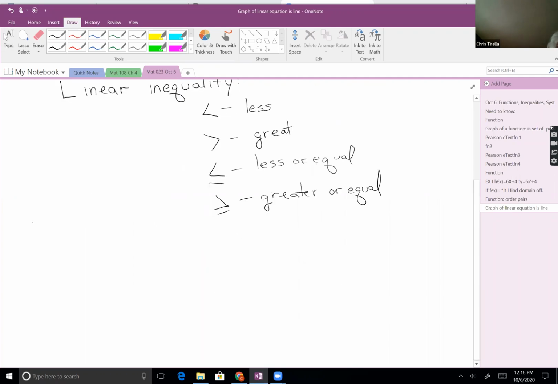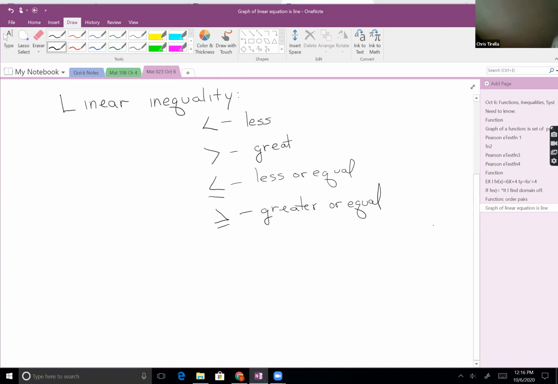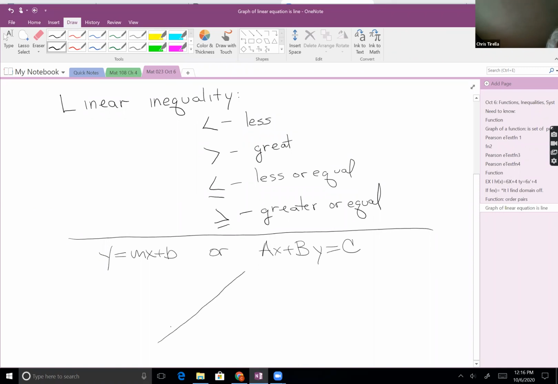And again, we had said that when I look at y equals mx plus b, or ax plus by equals c, when it's equal, all of the points are on the line.